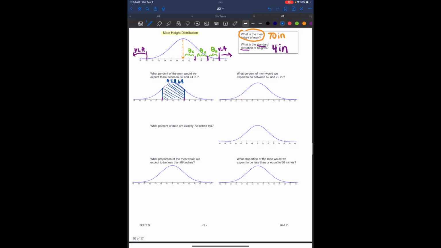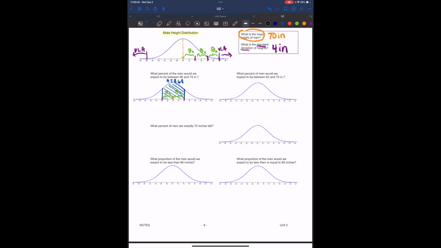All right, so then if I was to write myself a little sentence, and again, maybe if you need to see it, here's 1 standard deviation away, and here's another standard deviation away, 1 on both sides of the mean, which is right here in the middle. So let's write a sentence.